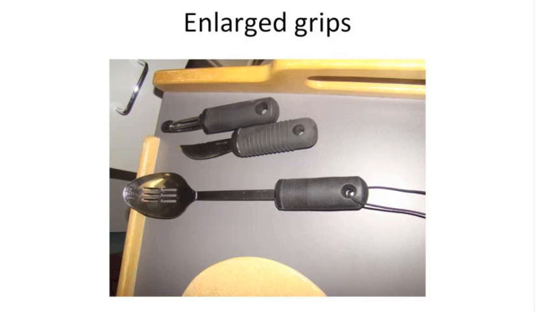Enlarged grips, these kind of things you can get absolutely everywhere now, or use plumbing insulation around your favorite tools and be able to use your palms as opposed to the tiny wee joints at the end of your fingers. And of course, that plumbing insulation, for those of you who might not know, think of that gray tube that you get, and it's usually got a line down it.